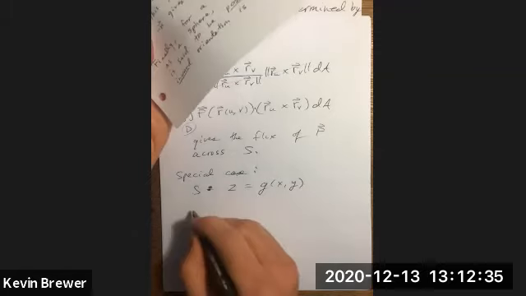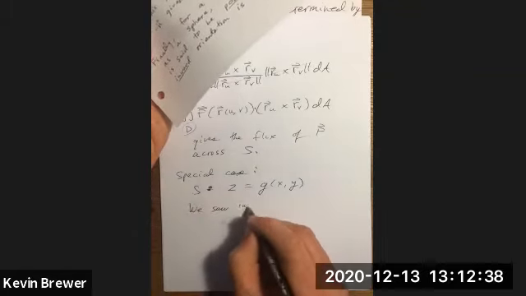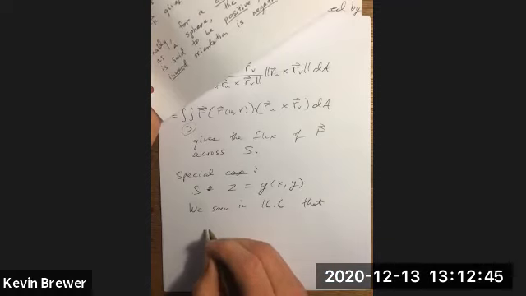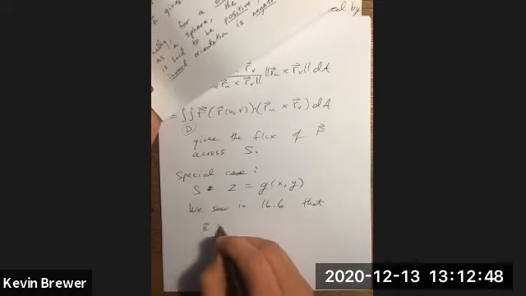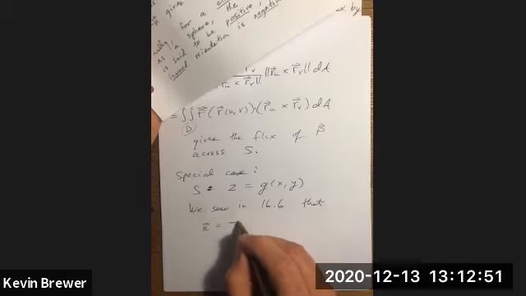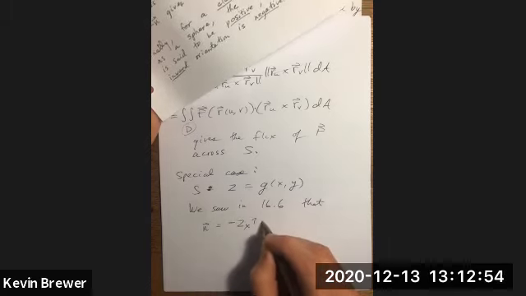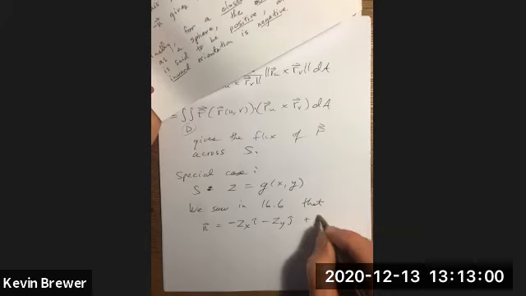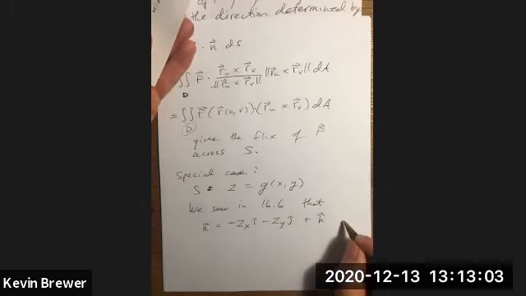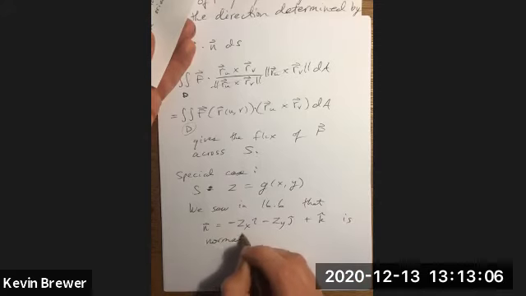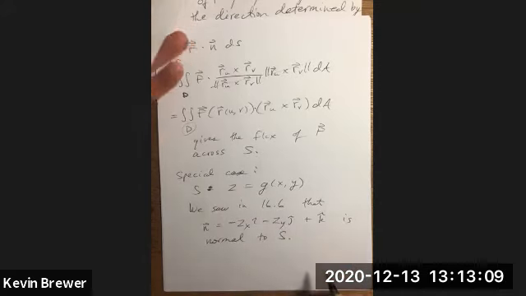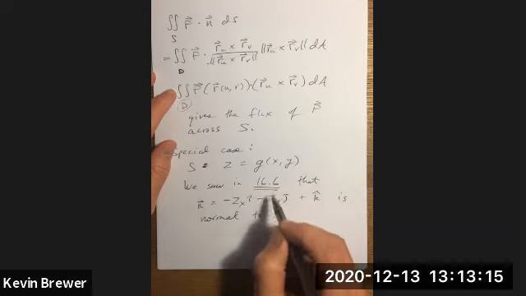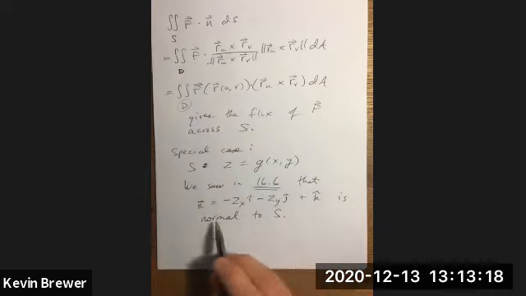Well, we saw in 16.6 that N equals minus Z sub X I minus Z sub Y J plus K is normal to S. If you don't recall that, I talk about it in the lecture. You can see this derived also in the book.